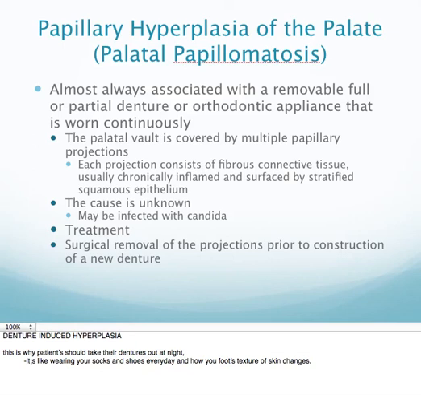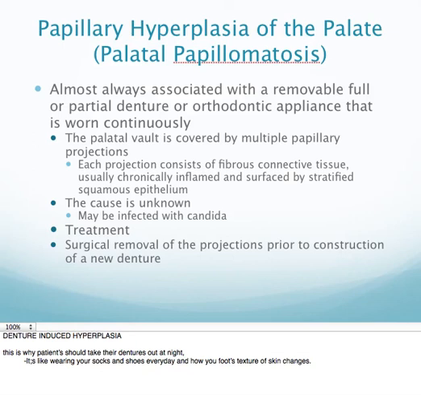So this is the lesion where you have a bunch of projections sticking outward of the palate. Each projection is fibrous connective tissue, usually chronically inflamed, and the cause is unknown, but we know that it can usually get infected with Candida because they're long projections, so the bacteria can settle in there. To treat it, you have to surgically remove the projections prior to making a new denture.